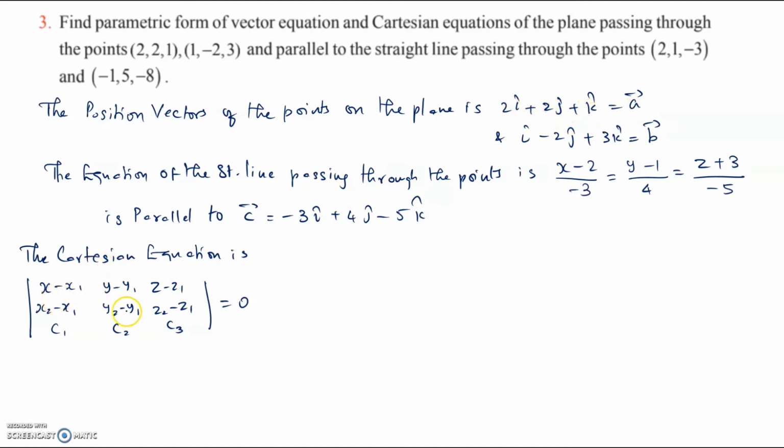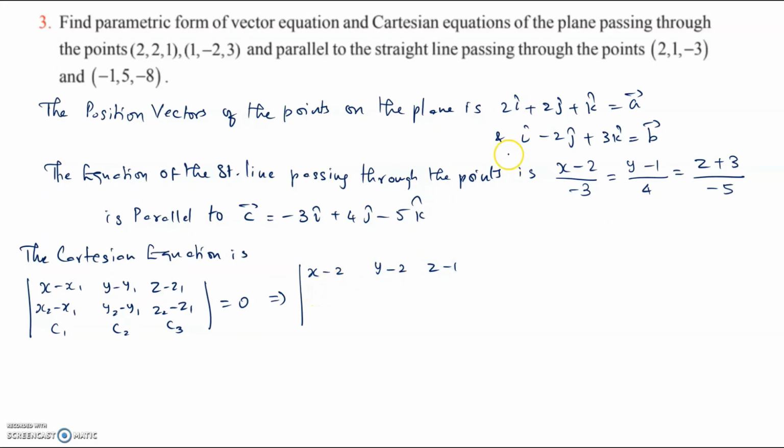Similarly, x2, y2, z2 relate to vector B, and c1, c2, c3 relate to vector C. So substituting, you get x minus 2, y minus 2, z minus 1.